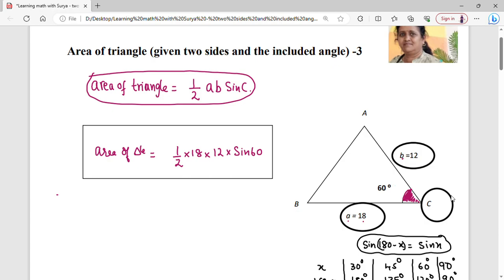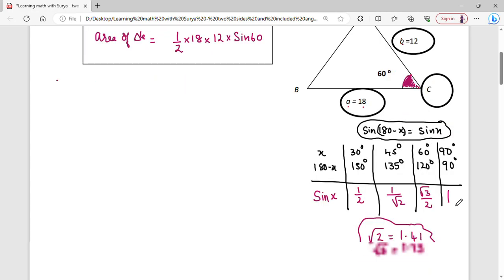Now, to calculate the sine value, for students who do not use calculator, you need to remember this, that sine 180 minus x is sine x. So, for 30 degrees and 150 degrees, sine value is half. For 45 and 135 is 1 by root 2.